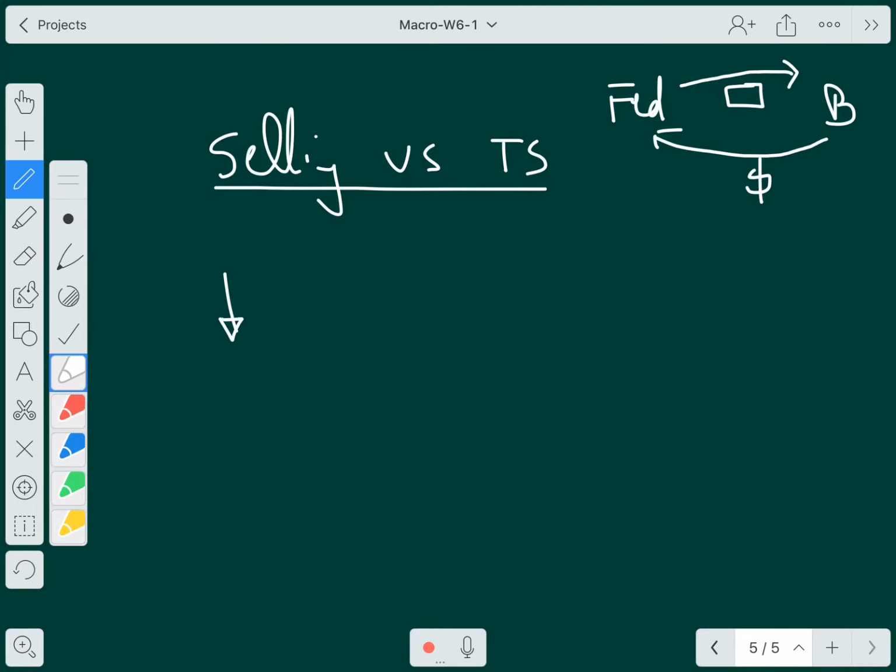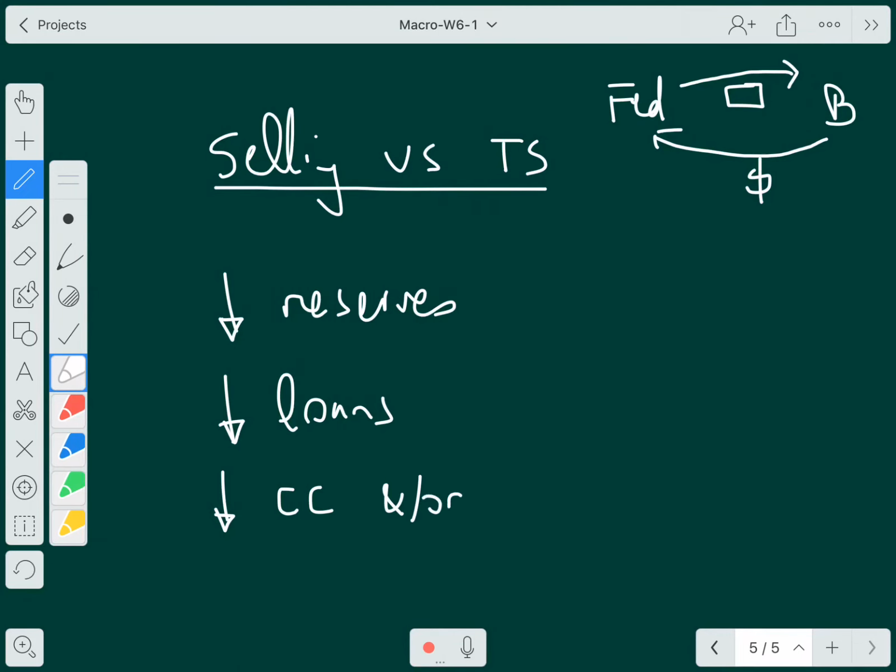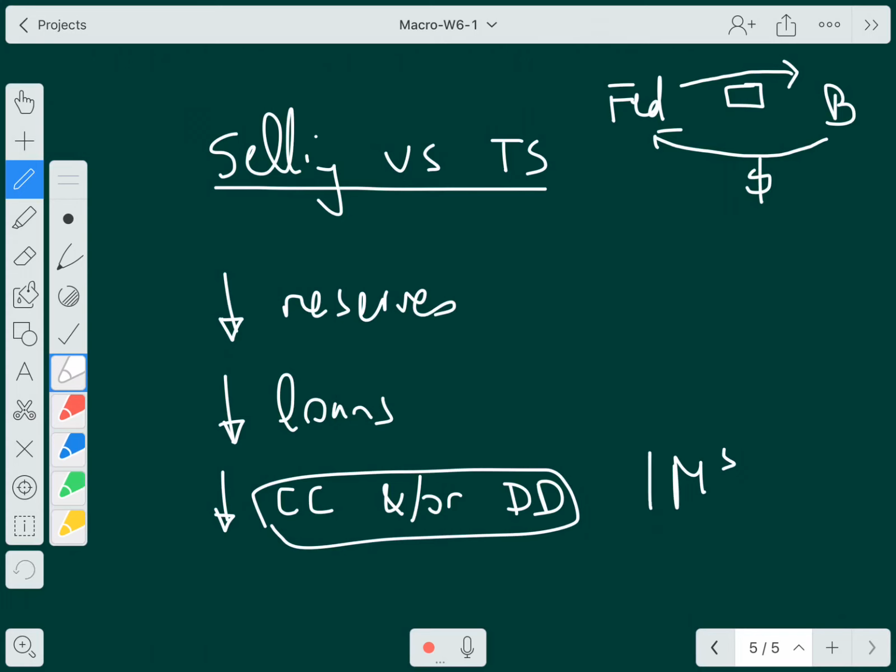You are basically reducing reserves. This would reduce the loans. This would reduce the currency in circulation and or demand deposits. In any case, these two are components of money supply. In other words, money supply is going to fall.